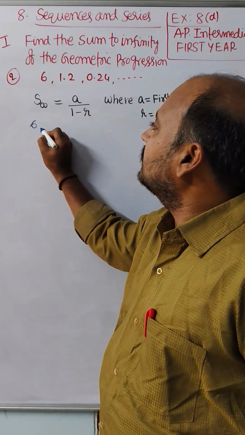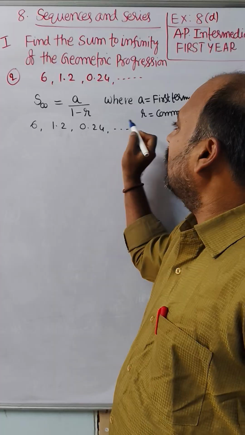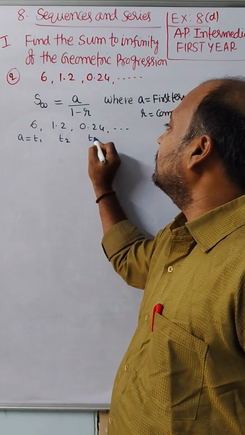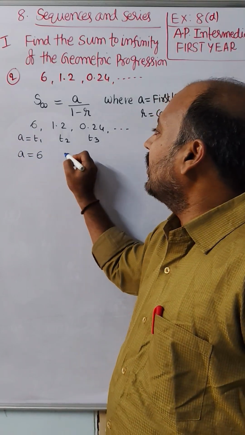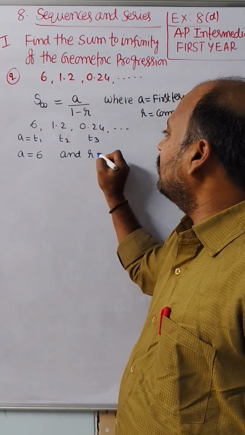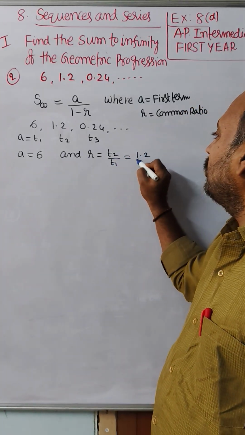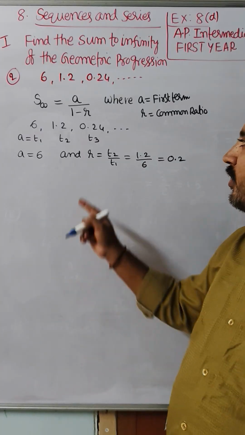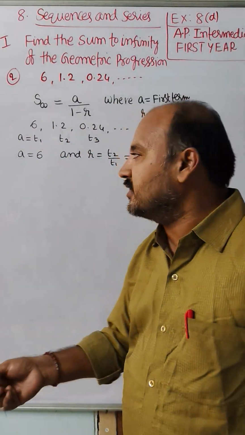So A is equal to T1, this is T2, this is T3. A value is clearly 6, and common ratio R is equal to T2 by T1, so 1.2 divided by 6, which is equal to 0.2. Even if we calculate 0.24 by 1.2, again we get 0.2.